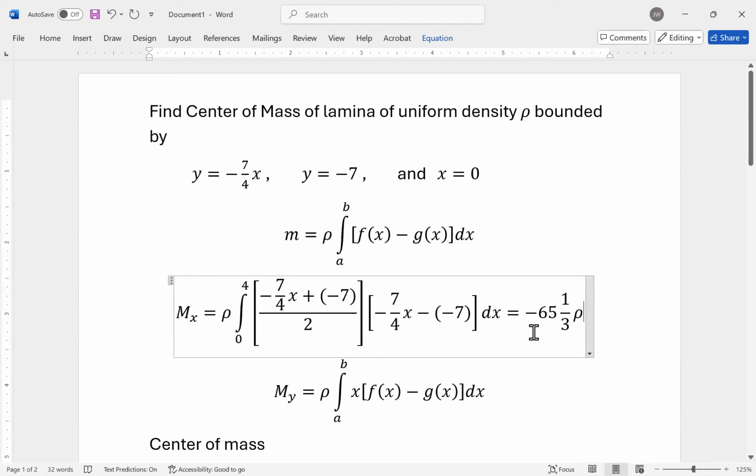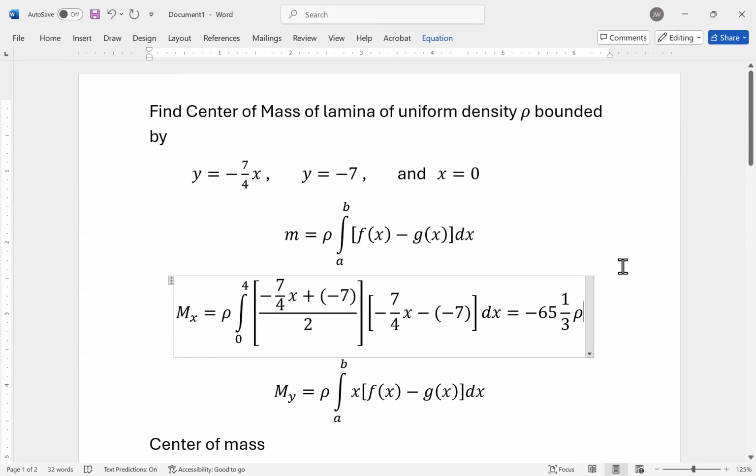By the way, that negative may shock you because all the other ones that we've done so far have been positive, but moments can be negative. That just means that we're going to be located underneath the x-axis. So moment about the x-axis being negative just means that the center of mass is going to be located underneath the x-axis.